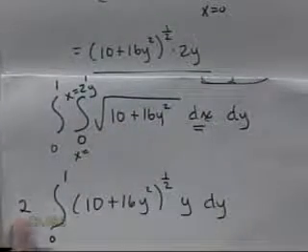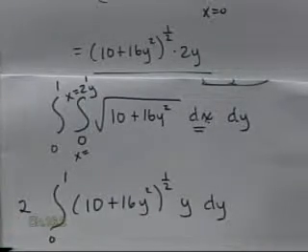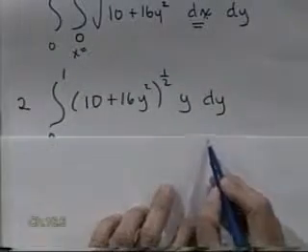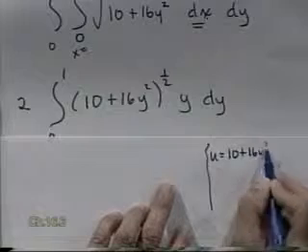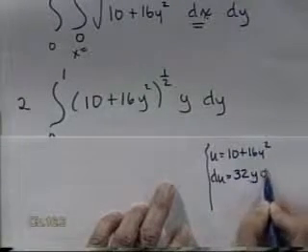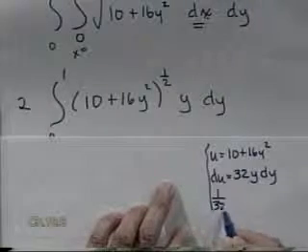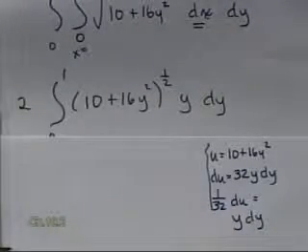The 2, I just put him out front here, so I don't have to deal with him. And this just cries out, how do you do that integration? U substitution. I'm going to let u equal 10 plus 16y squared. Du is 32y dy, or 1 over 32 du is y dy.